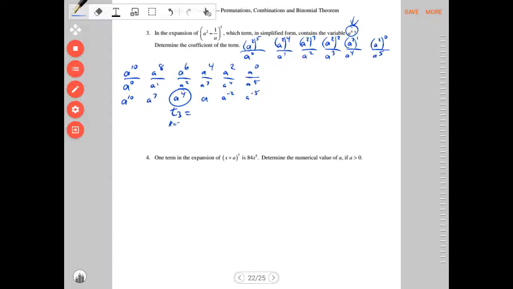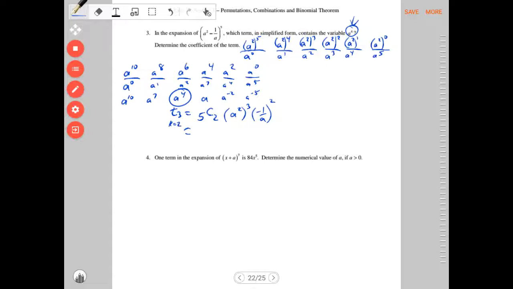So k equals 2. And now we go, okay, the exponent was 5. So 5 choose 2. Then the first chunk, which was a squared, a squared to the 5 minus 2, which is 3. And then the second chunk, which is negative 1 over a, to the k, which is just 2. Awesome.